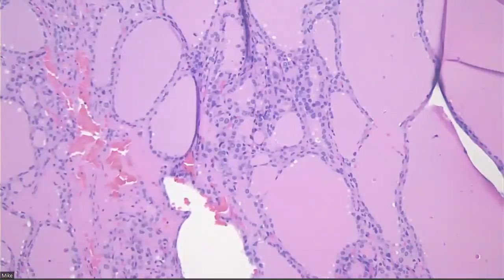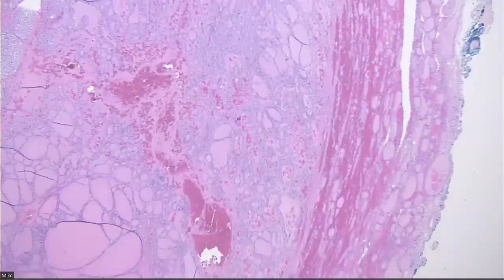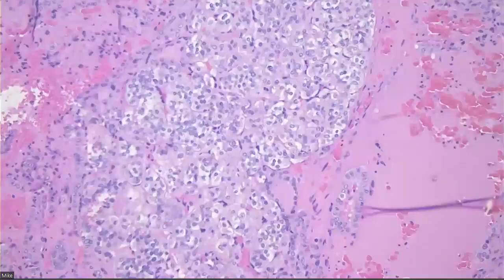This had another NRAS. So be mindful that we don't really know whether something is neoplastic just based on looking at it, right? You might have called this a colloid nodule, and you are not wrong. But molecular tells us that this has a recurring RAS anomaly, so it's actually neoplastic.